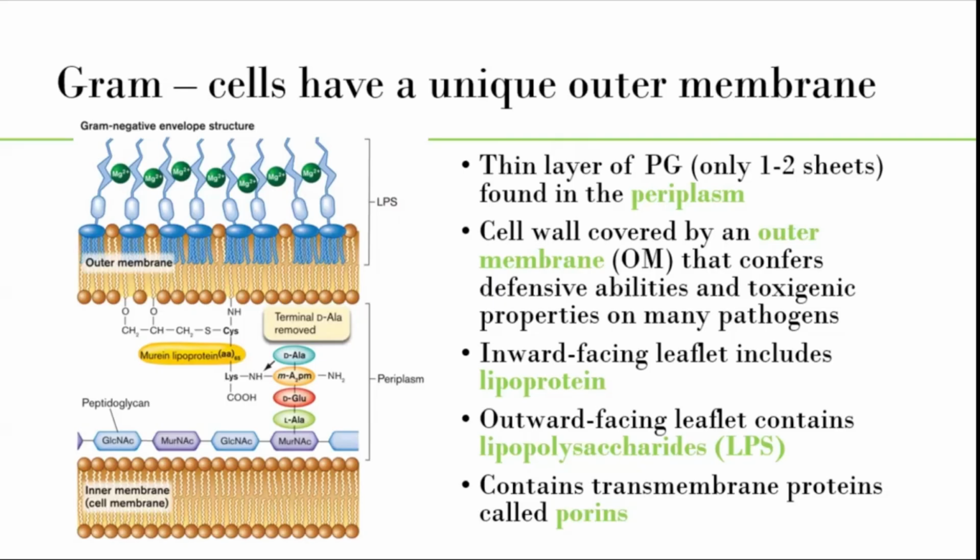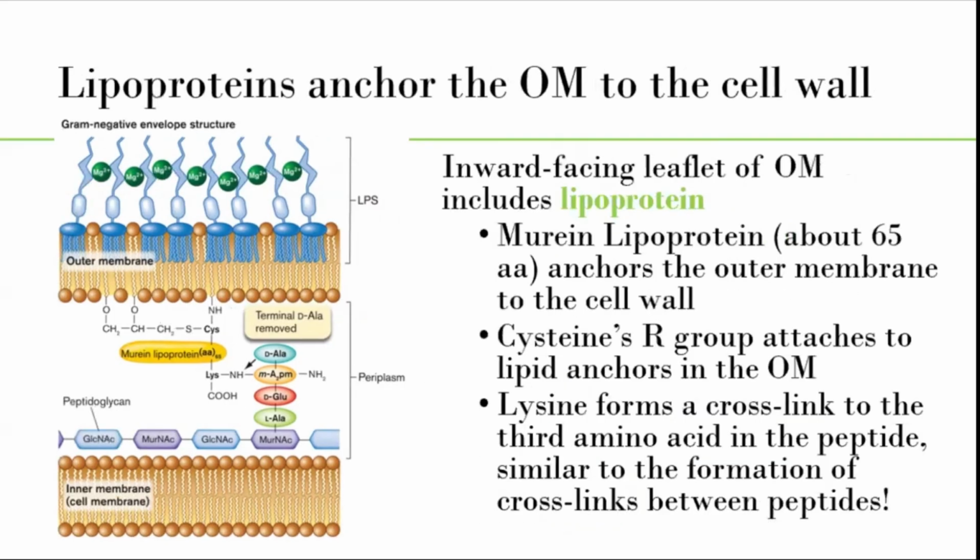So we're going to go through these one at a time now. All right, first, lipoproteins. We have a protein in here that we call murein lipoprotein, wall lipoprotein. It's about 65 amino acids long. And what it does is it binds to one of the little peptides on our peptidoglycan, and then also binds to the inner leaflet of the outer membrane.